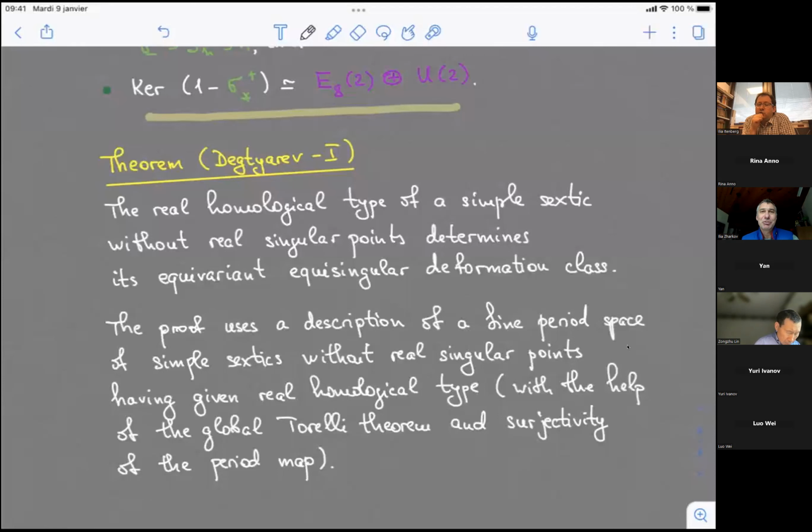You mean how big are components of the complement of the discriminant corresponding to some particular topological types or isotopy types?